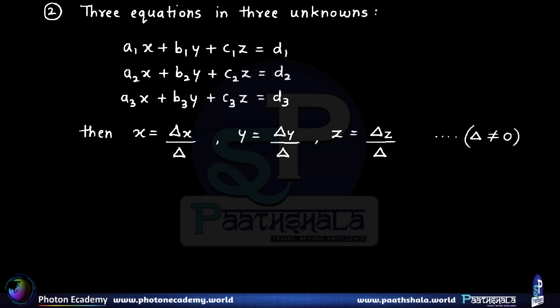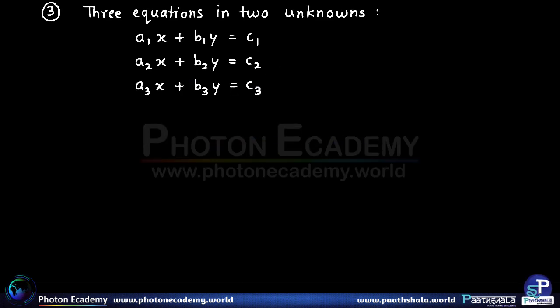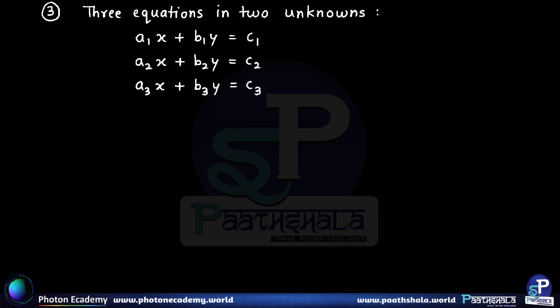Now moving on, we have a different type, that is here we have three equations but in two unknowns only, and we have to find out whether this set of three equations together has any common solution or not, and if it has, then what is the condition based on which we can find that out.